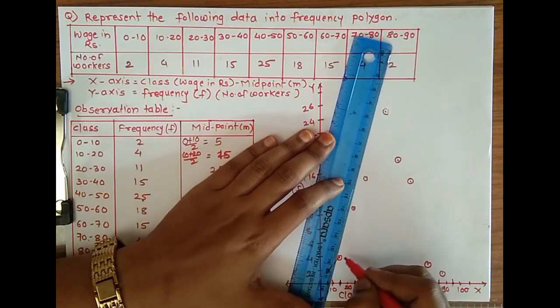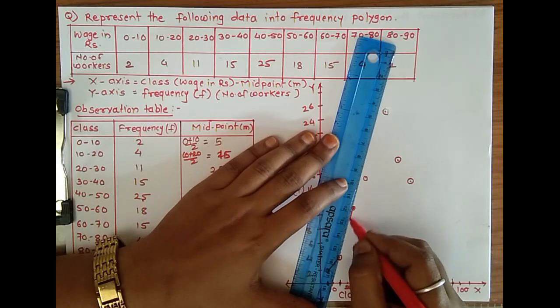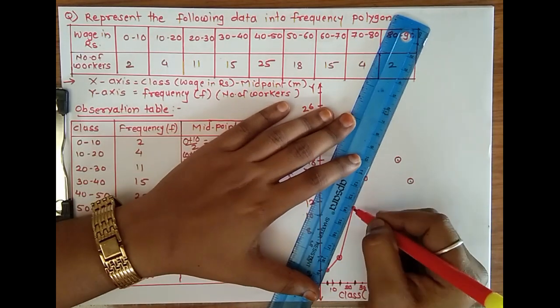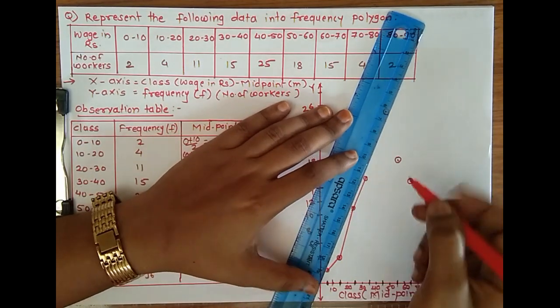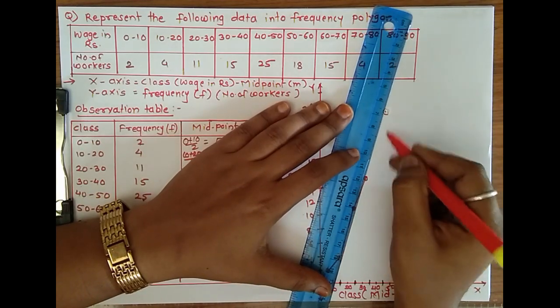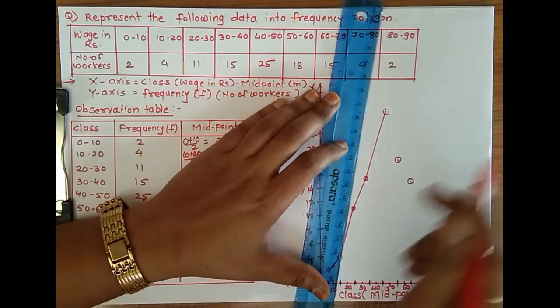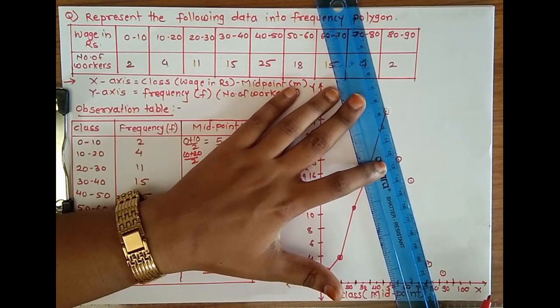First, second, third with a straight line. Join all these consecutive points with a straight line.